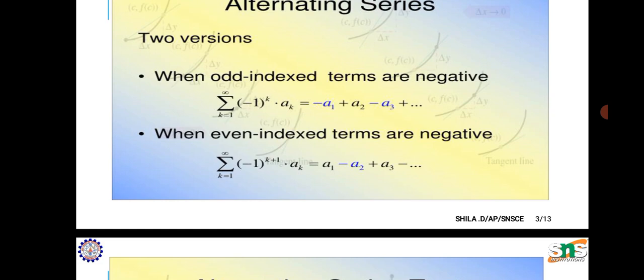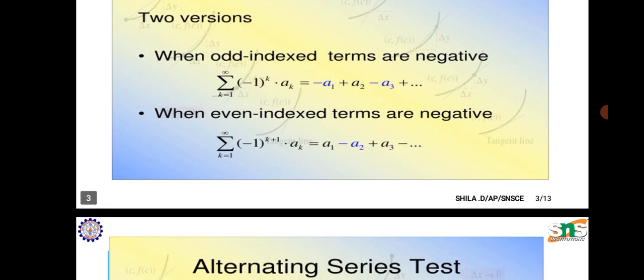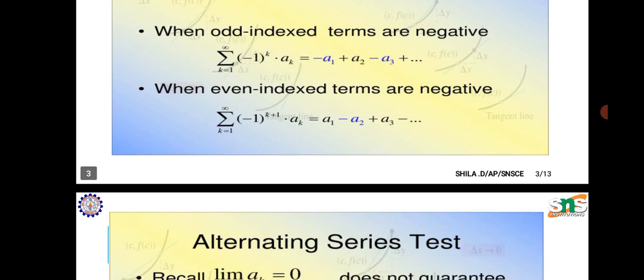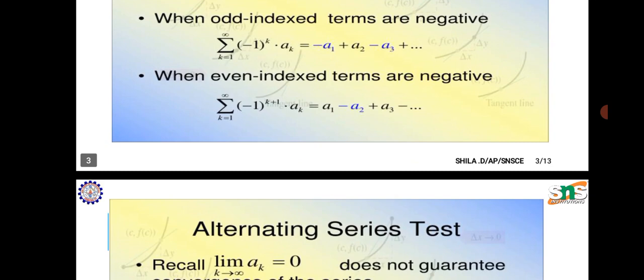So I can write the series as a summation, k equal to 1 to infinity, minus 1 to the power k times ak, or as minus a1 plus a2 minus a3 plus etc. Even indexed is the summation k equal to 1 to infinity, minus 1 to the power k plus 1, so it starts as a1 minus a2 plus a3 etc. So these are alternating series.